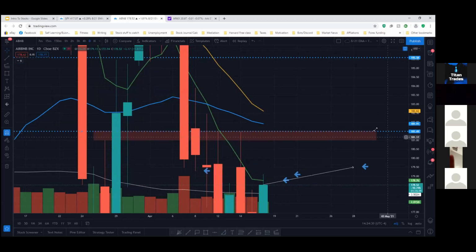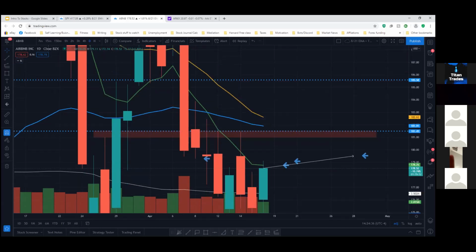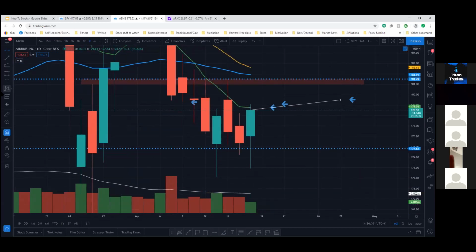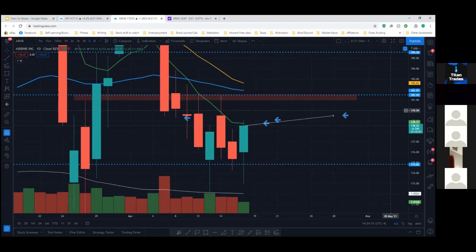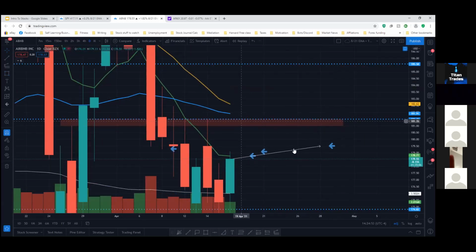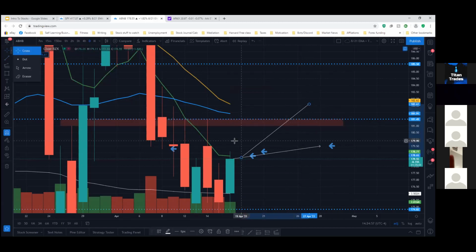You always want to play zones of where sellers and buyers are sitting. In this case, it would be a supply zone. On the downside, just for an example, this would be considered a demand zone. So demand for buyers and supply for sellers, right? And I already went over this before, but say if this breaks, and say the price goes up to here, this is no longer a supply zone.